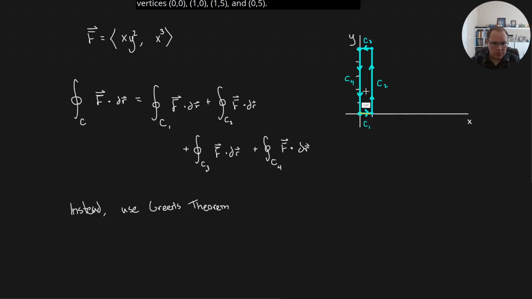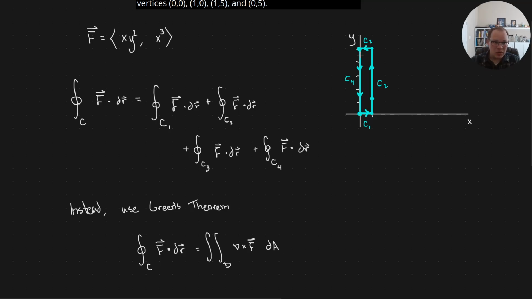A closed curve comes back to itself, closes off the shape. So according to Green's theorem, if we're integrating over a closed curve and we meet all the other requirements, instead of integrating over the boundary, we could integrate the scalar curl of the vector field over the interior.